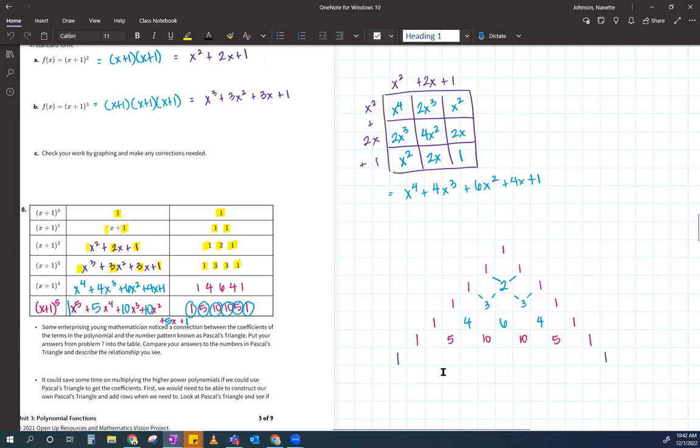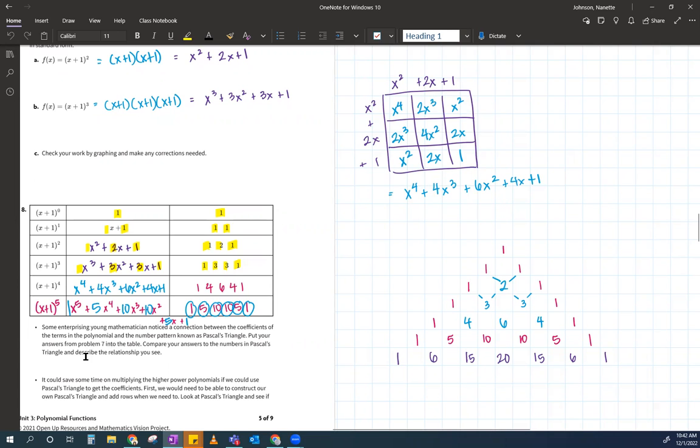So this number would be 6. No worries. This number would be 15. This number would be 20. This number would be 15. This number would be 6. Does this triangle make sense? Because if you don't have access to this triangle, you're going to build the triangle, and building the triangle is not difficult as long as you remember how to add.